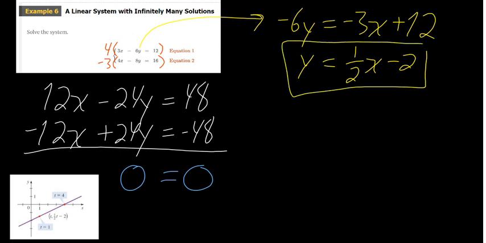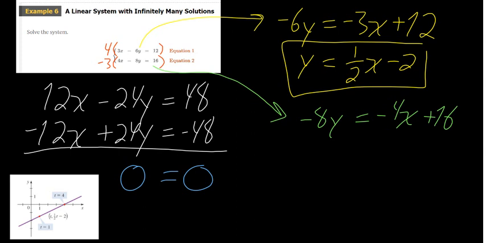And then this last one, we're going to solve for y again. So we got negative 8y is equal to, I'm sorry, negative 4x plus 16. Divide both sides by negative 8.